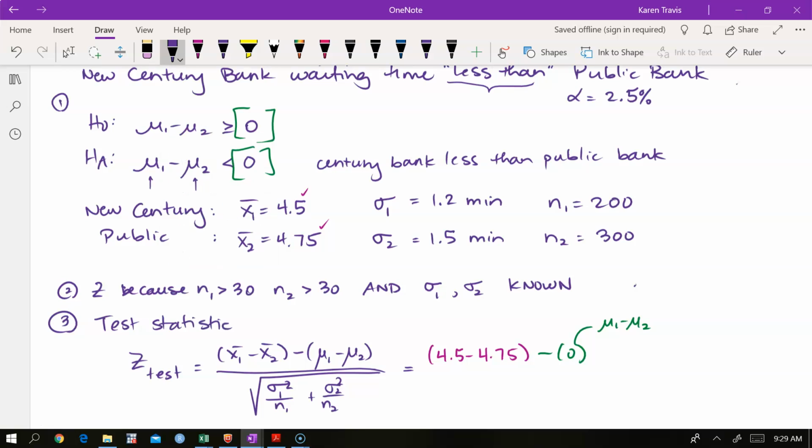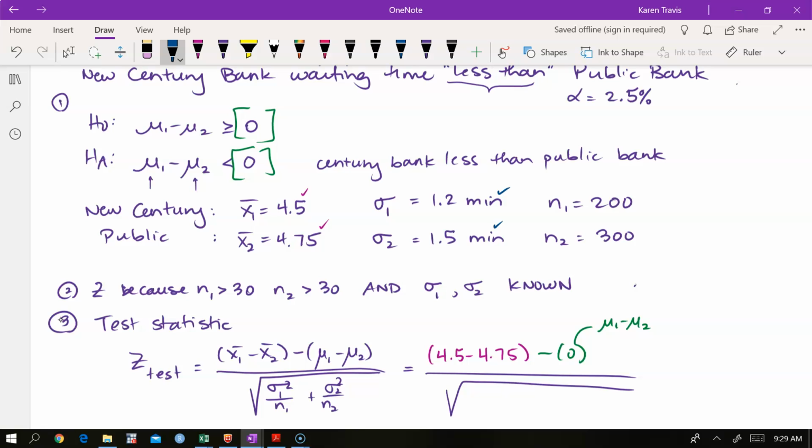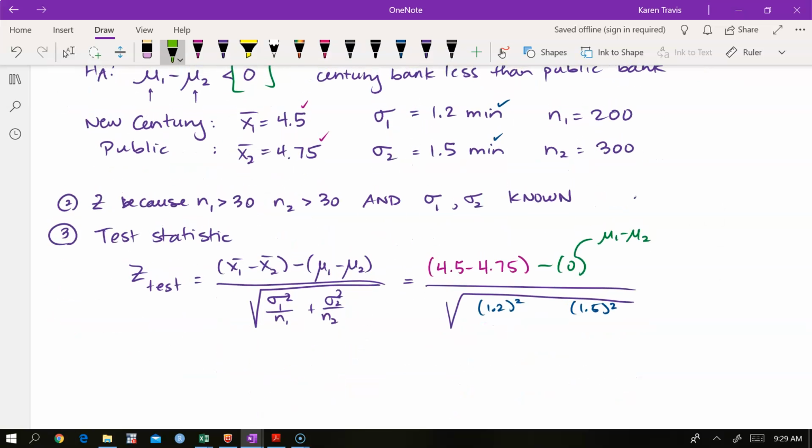And then the denominator is going to have 1.2 and 1.5, which are each of our population standard deviations, and then each of our sample sizes comes from here, and these get calculated and then added, so be careful with that denominator.